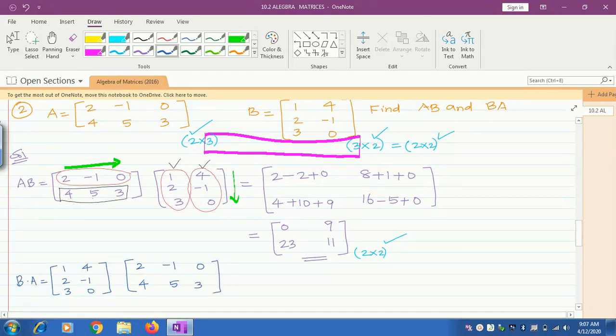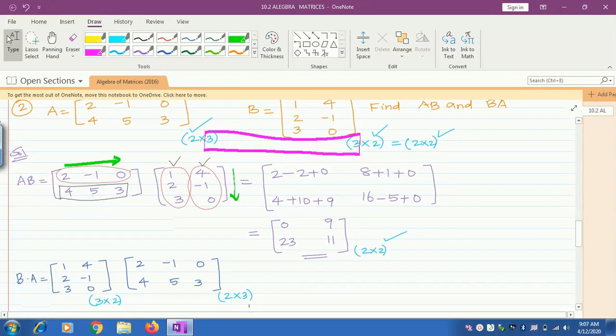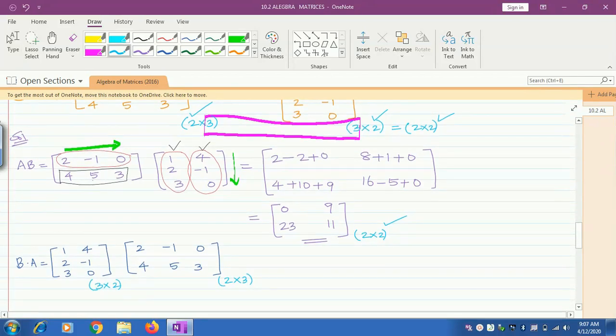So what is the order of this matrix? Here the order is 3 rows into 2 columns, whereas here you will have 2 rows into 3 columns. So you can multiply the matrices.